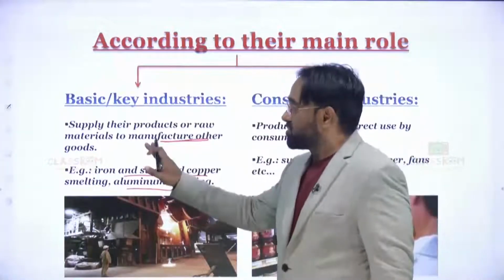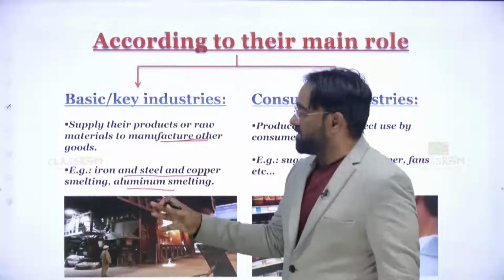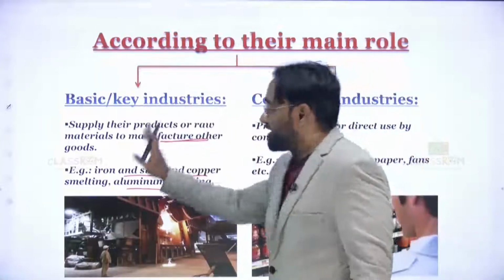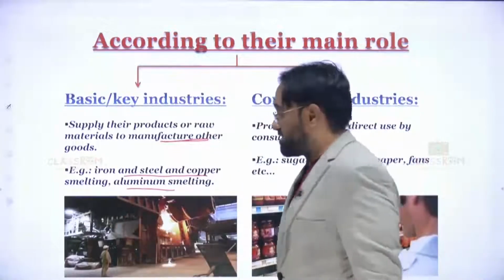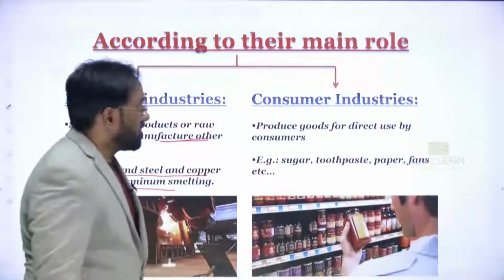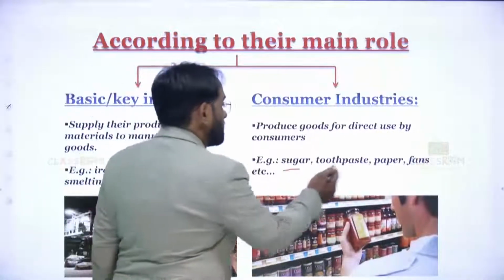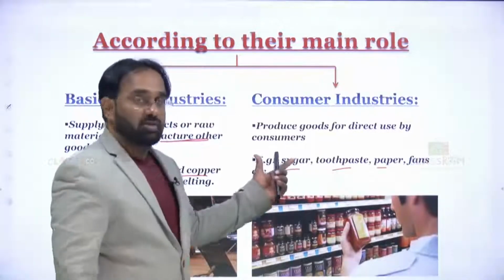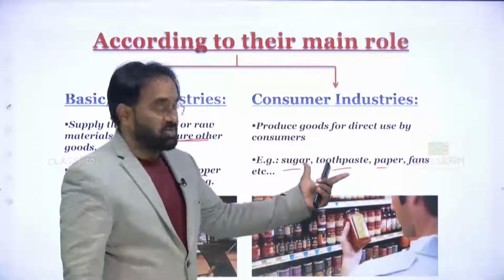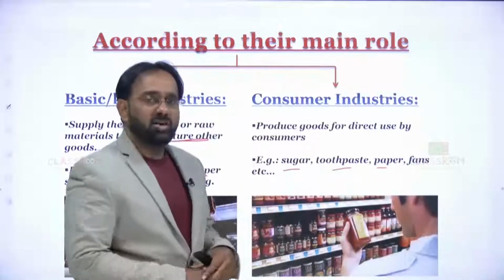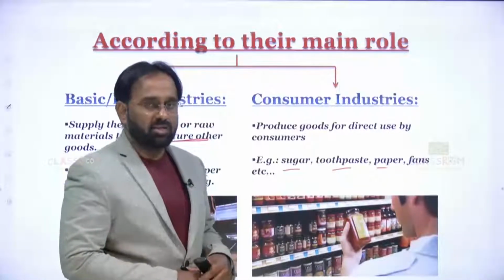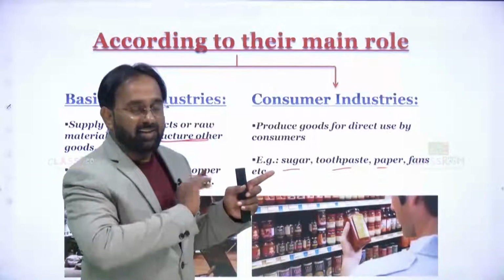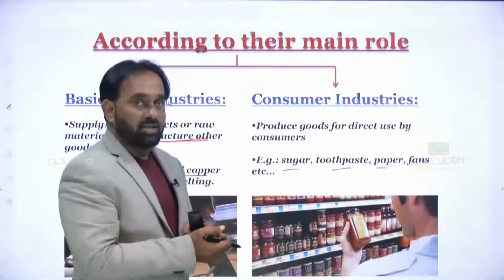They are supplying iron and steel, copper smelting and aluminium smelting to the manufacturing industries. These are basic and key industries. And consumer industries produce goods for direct use by consumers: sugar, toothpaste, paper, fans, etc. What we use every day. All these electronic items and automobiles are directly kept at the consumer's disposal, and they can directly use them. Consumer industries.